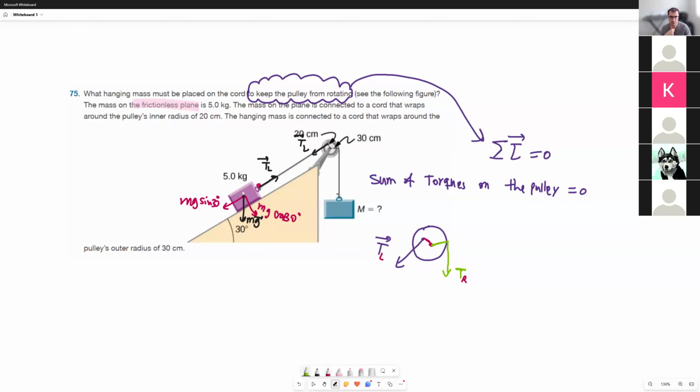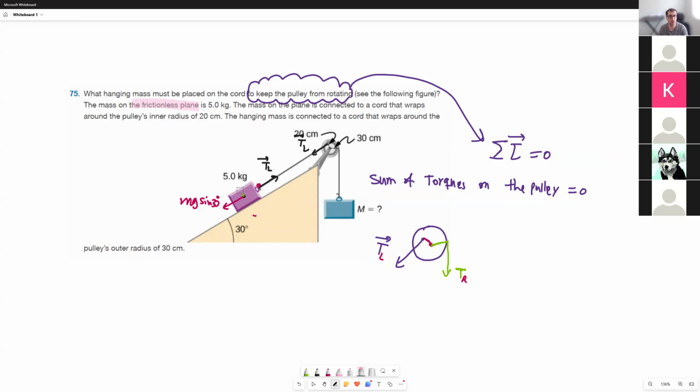Normal force is going to be equal to mg cos theta, but we don't need it, right? What we need here are these two: mg sine theta and TL.